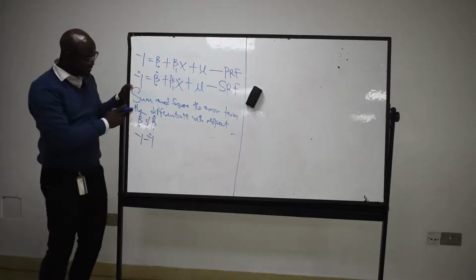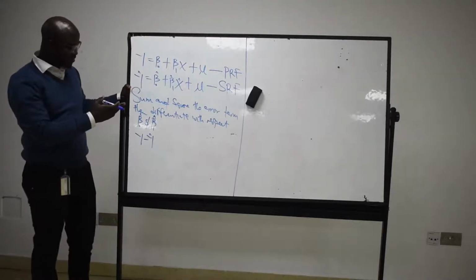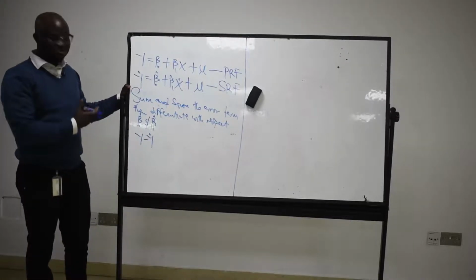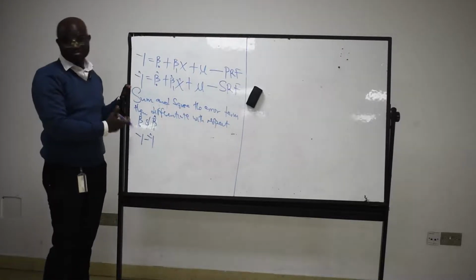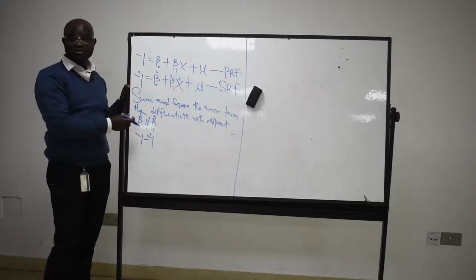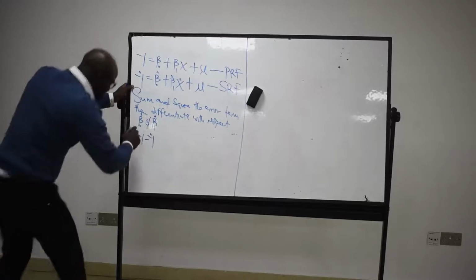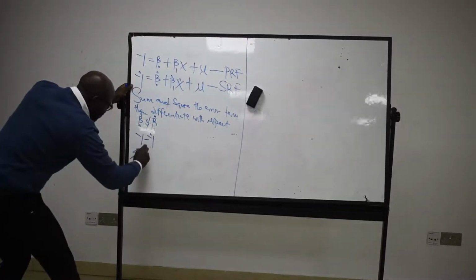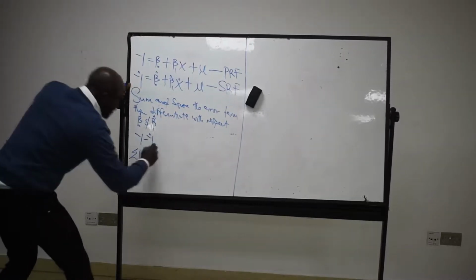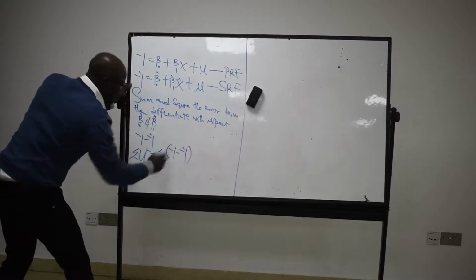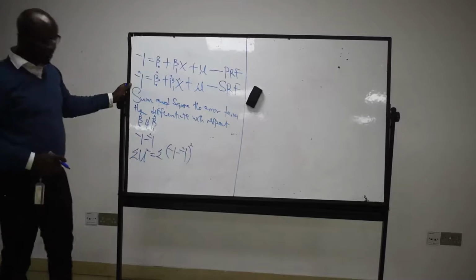So to apply this now, sum and square the error term, then differentiate with respect to beta naught and beta 1. In some textbooks, you can have beta 1, beta 2. And sometimes instead of beta 1, they can use alpha or any other letter. Please take note. So let's sum and square, then differentiate this and this. Then we square this.